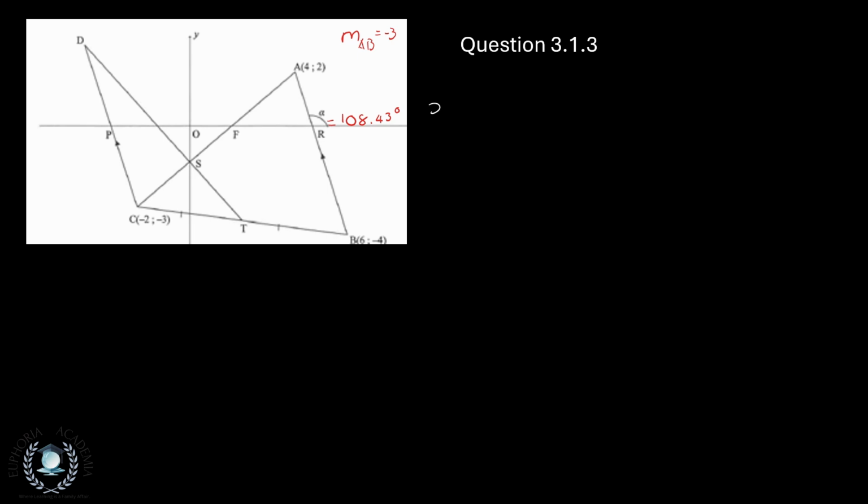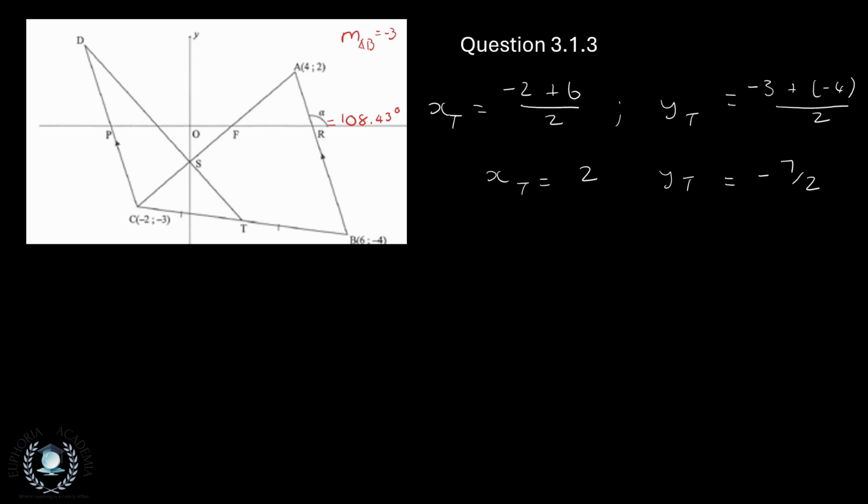The x-coordinate of T will be equal to minus 2 plus 6 divided by 2, and the y-coordinate of T will be equal to minus 3 plus negative 4 divided by 2, and we will find that xT is equal to 2, and yT is going to be equal to minus 7 over 2.